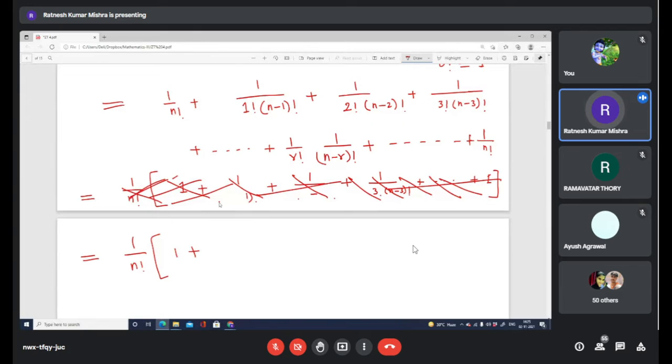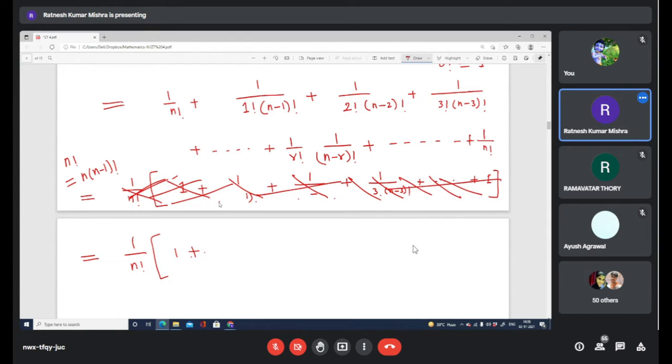Let's check from here. 1 by factorial n, so 1 plus, now in this one, if you take factorial n common, so here multiply by factorial n, so factorial n is n into (n minus 1) factorial.